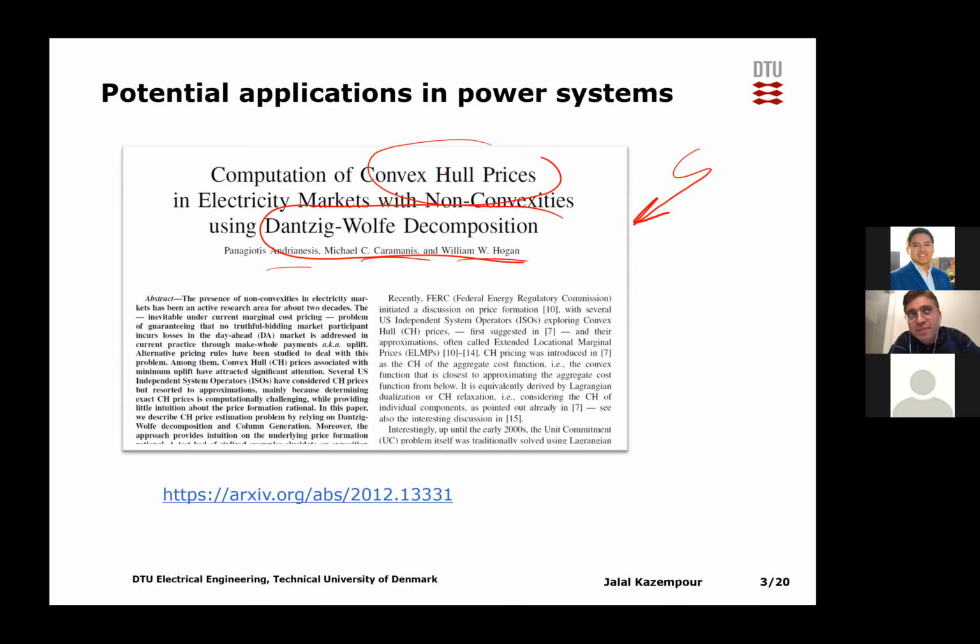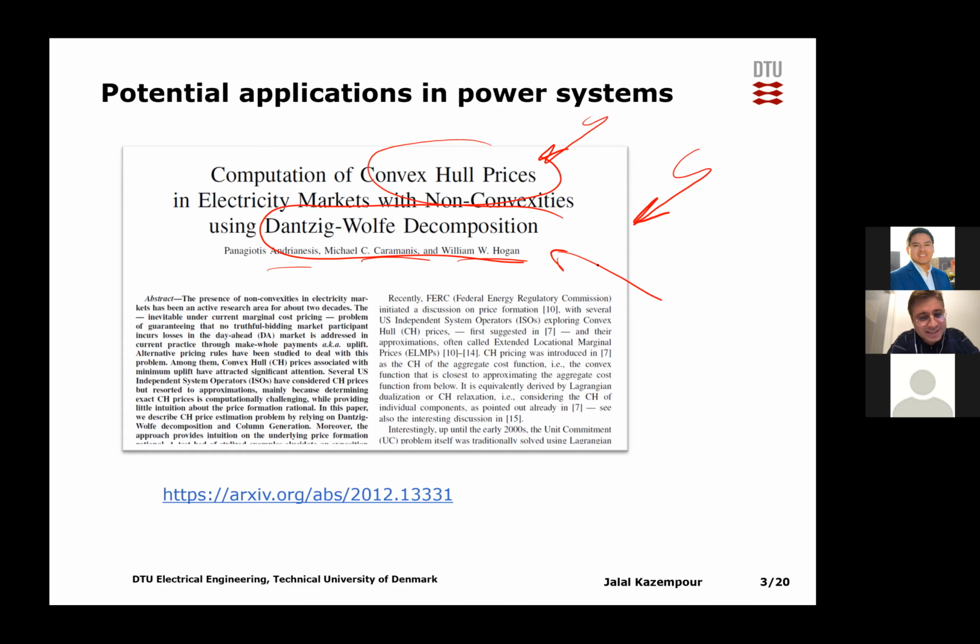We talked in, I think, lecture 3, that if we have binary variables, if we have unit commitment problems, we have difficulties about pricing. One approach was uplift, but the other approach that nowadays is a hot topic, mostly in US markets, is convex hull pricing. And this paper uses Dantzig-Wolfe decomposition for convex hull pricing.